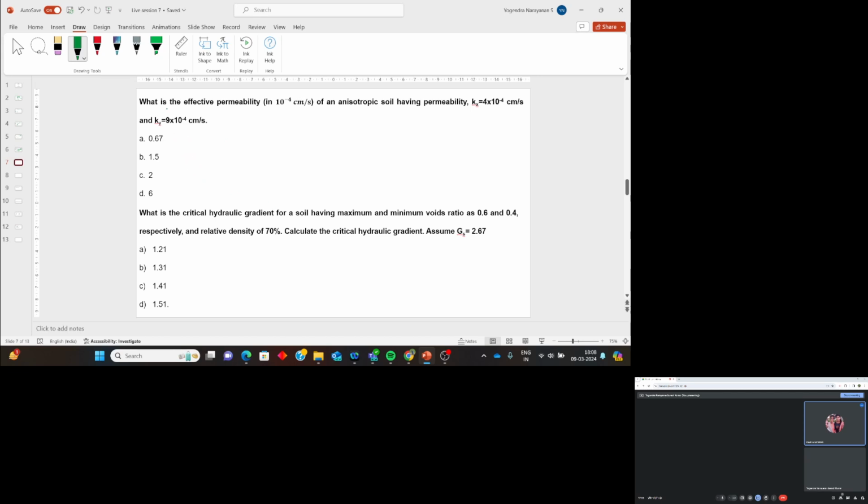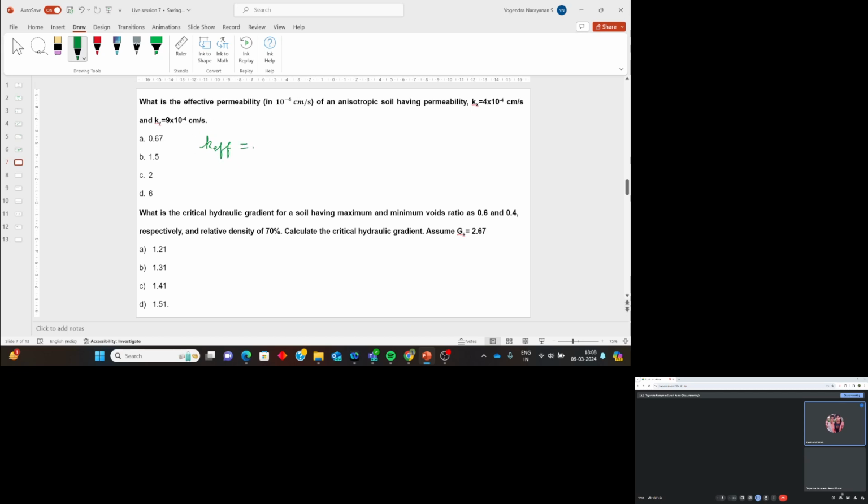Now you calculate this question. What is the effective permeability of an anisotropic soil having permeability Kx equal to this much and Ky equal to this much? So here, you have K horizontal and K vertical.